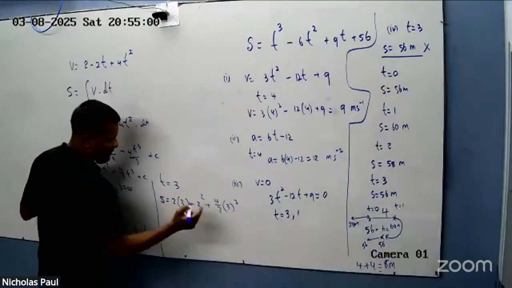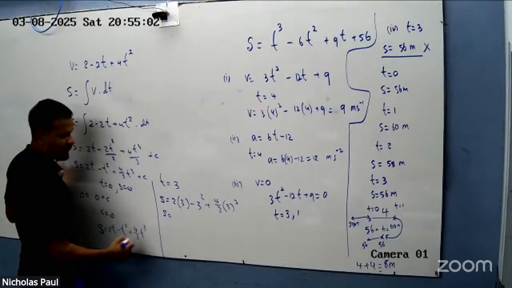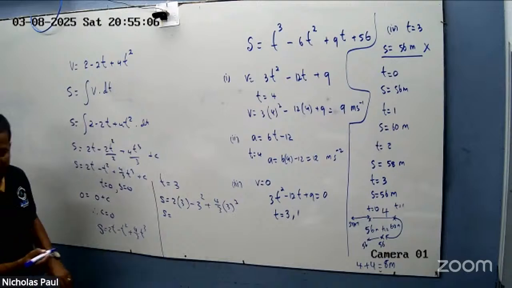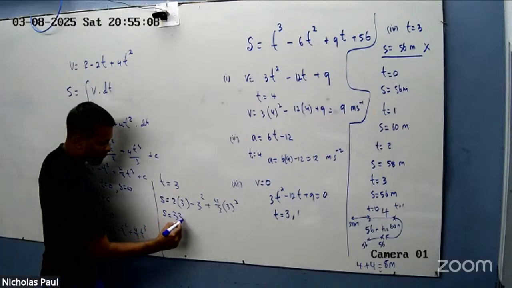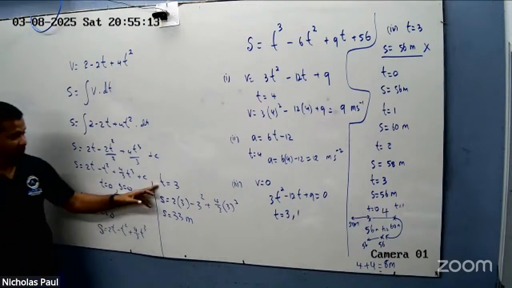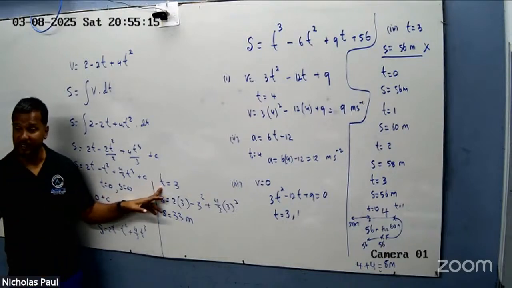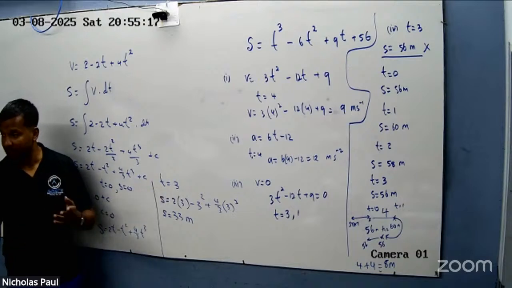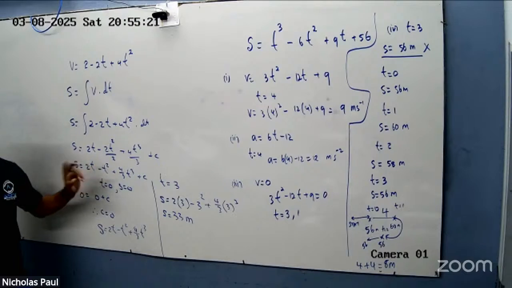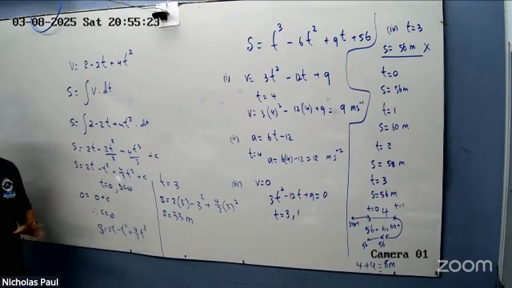So now we have the distance traveled. Sorry, not displacement, this distance traveled. What's that? 33 meters. The question is only interested in what happened here. If the question said what happened in the first 3 seconds, then we would have to check what happened at 1, what happened at 2, what happened at 3, and then map it out.